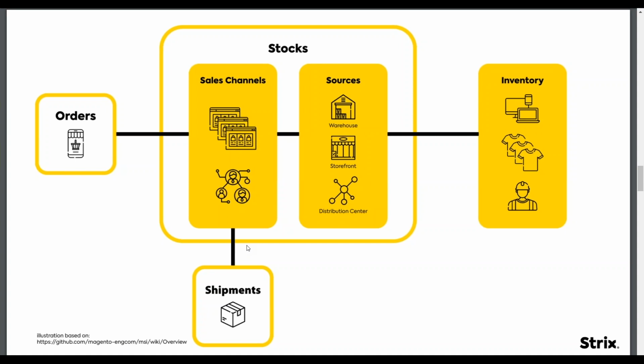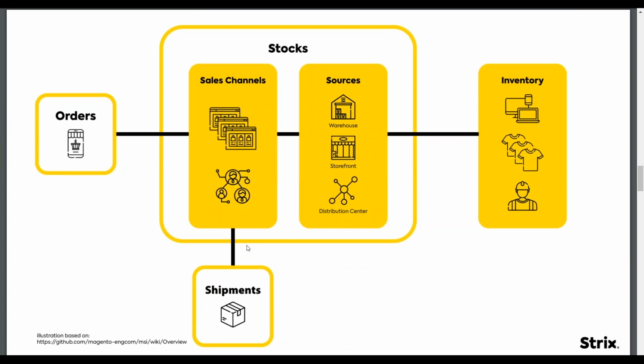Of course, you can see sales channels, sources, the representation of your inventory, and orders. Because now stock is separated from the global look of your product quantities.